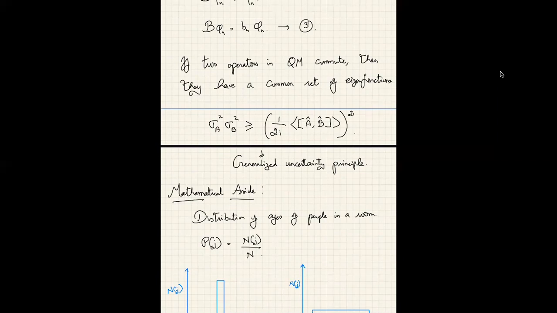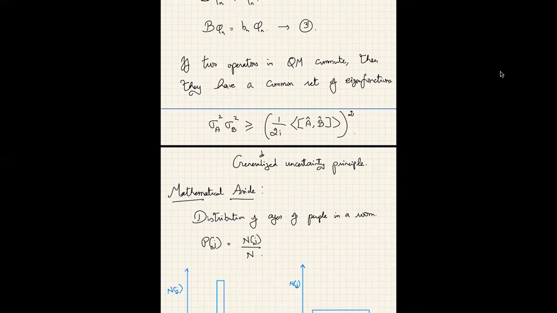If the commutator of A and B is not 0, then the standard deviation of A times the standard deviation of B can never be 0. There is a limiting value. It's always greater than or equal to some limiting value. And that limiting value is proportional to the commutator of these two operators A and B. Okay, this is what the statement of the uncertainty principle is telling you.